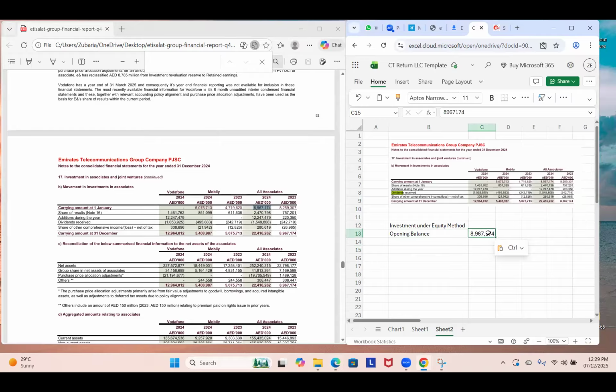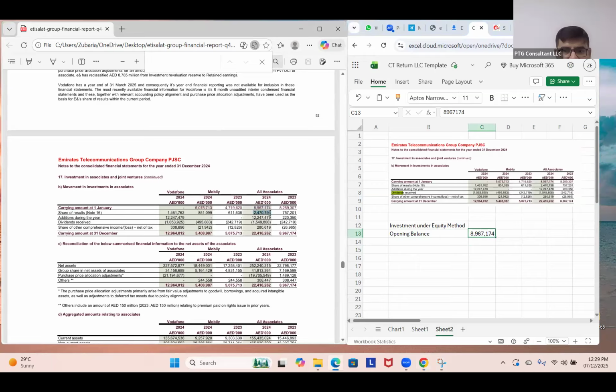Okay, now below the opening balance, the next is the share of the profit. And we will not take the investment part for the time being because our calculation will be relevant here. Now below mention the dividend received. How much? The 1.5 million.